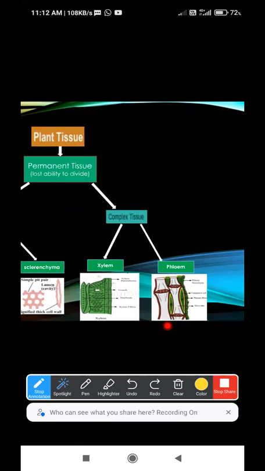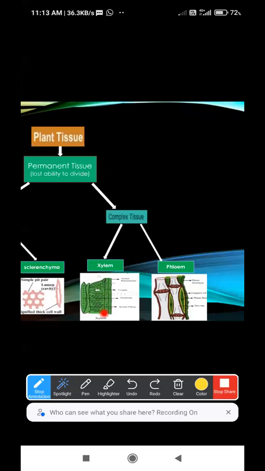First is the vessels, tracheids, which support the vessels, xylem parenchyma, which also supports and stores the water and nutrients, and the xylem fiber, which provides support and rigidity to the tissue.